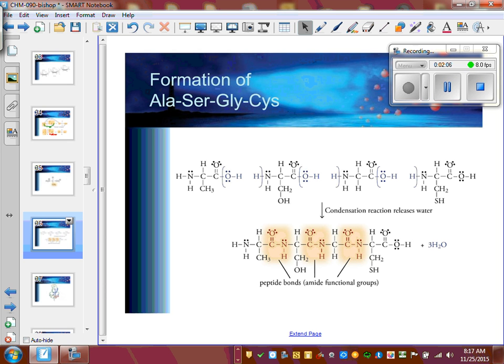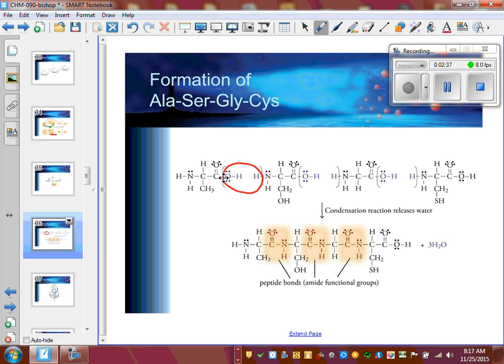So, how do we make proteins? Well, let's just say they can react with each other. And if we line them up, because they're a plus and a negative, they're going to line up like a series of magnets. So here's the carboxylic acid end of one. Here's the amino end. If you look, what is that? H2O.